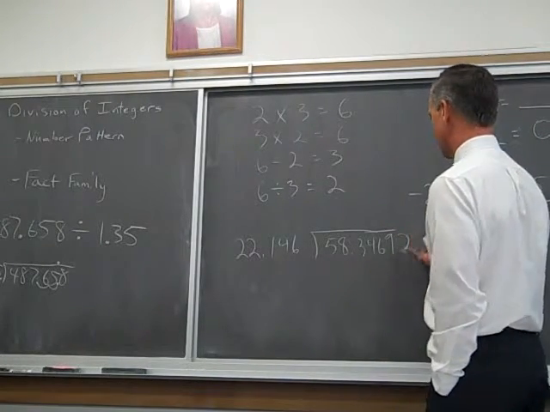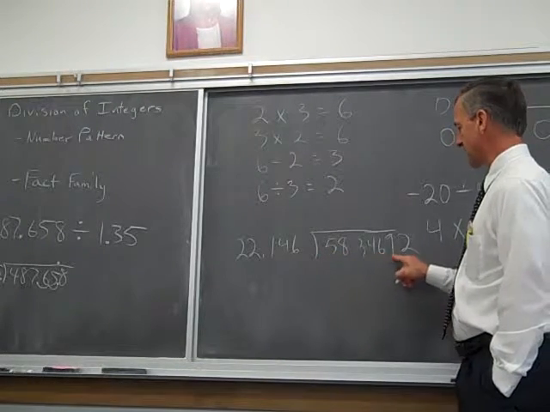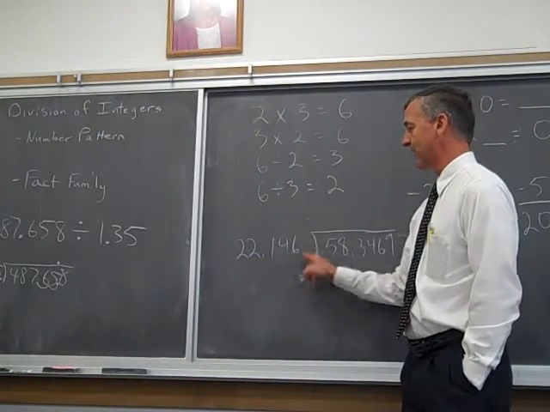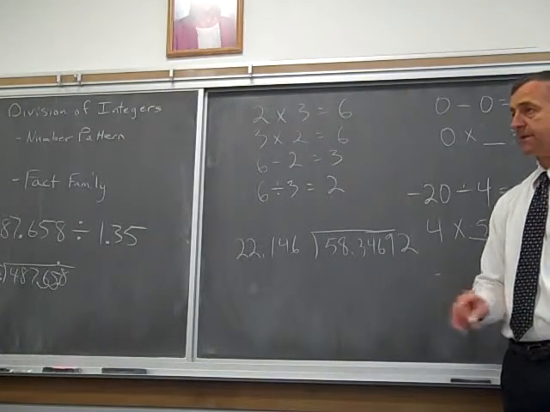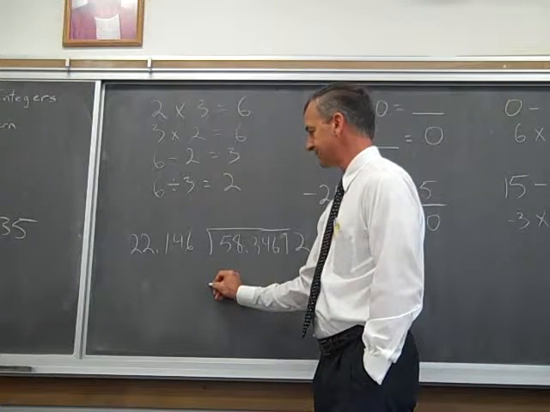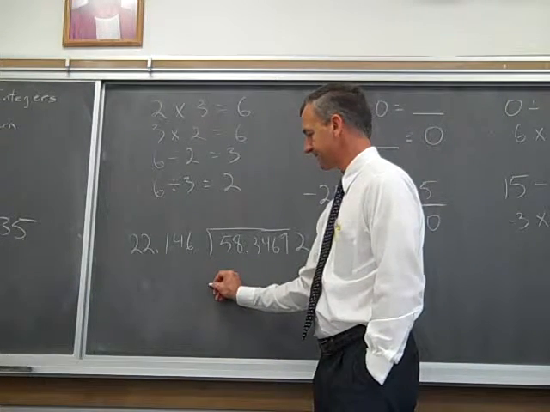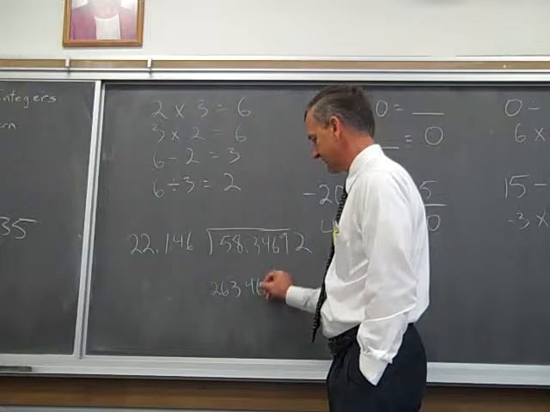Let's put another number here just so that we can go 58,3469 divided by 22146. Don't touch your decimal button, just get the quotient. What do you get? 263,464,824.